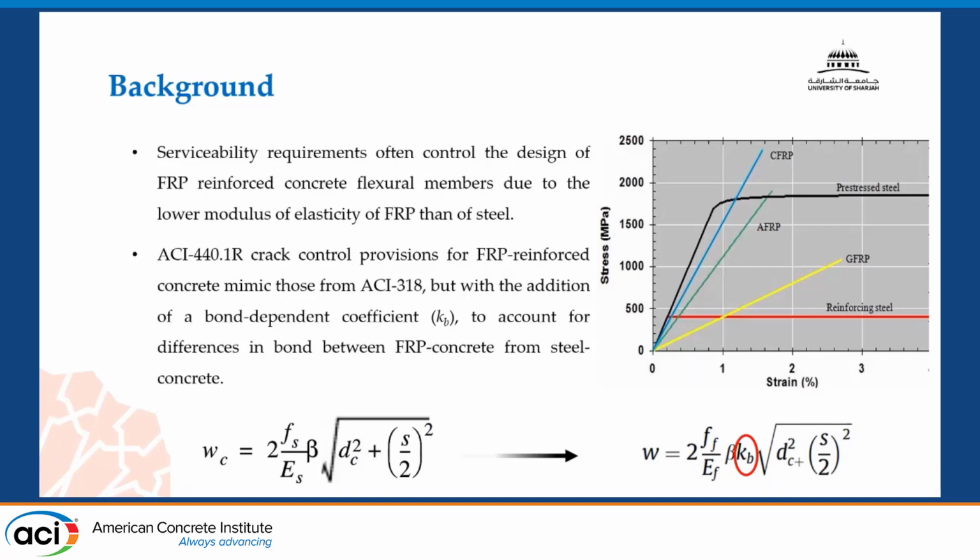In this case, with the GFRP reinforcement, there are some changes, and she compares the ACI 318 equation for steel reinforcement versus the ACI 440 equation that deals with GFRP bars. And I think the focus of her work is to look at this k sub b, this bond-dependent coefficient, and look a little bit more in depth into that.